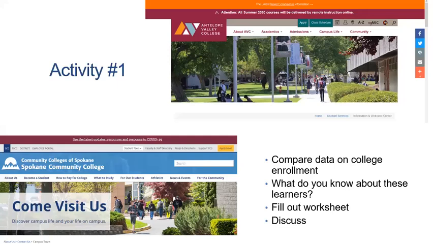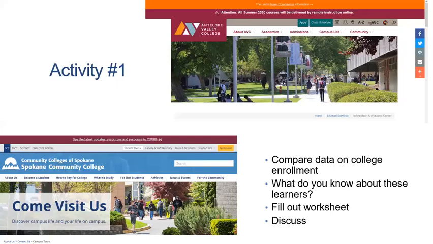I know we don't get average age from Antelope Valley, but you can see, as Jenny pointed out, the 20 to 24 age group and 19 or under age groups are much higher for Antelope Valley. But if you look at the data for Spokane, that average age is quite a bit higher. You can see it's 33, and we don't know what the average age at Antelope Valley is.